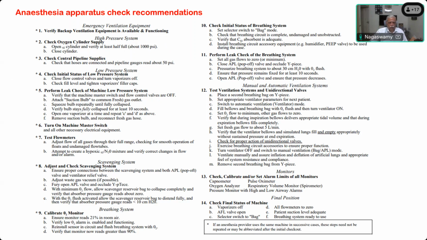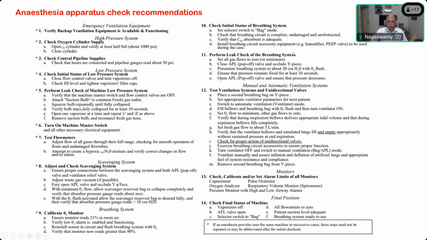So if the battery charger is not on, make sure that it is connected and the battery gets charged while it is working, so that there is no power failure causing the stoppage of the machine in between the surgery. And the scavenging system is also attached to most of the theaters here. And then breathing systems, you have to check them.